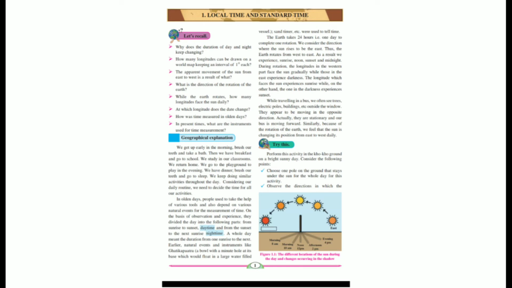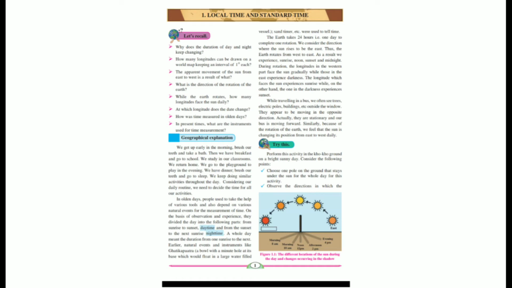Sand timer, you know the sand timer, I think, was also used to tell time in olden days. The earth takes 24 hours, that is one day, to complete one rotation. You know about the rotation. The earth takes 24 hours to complete one rotation around itself.